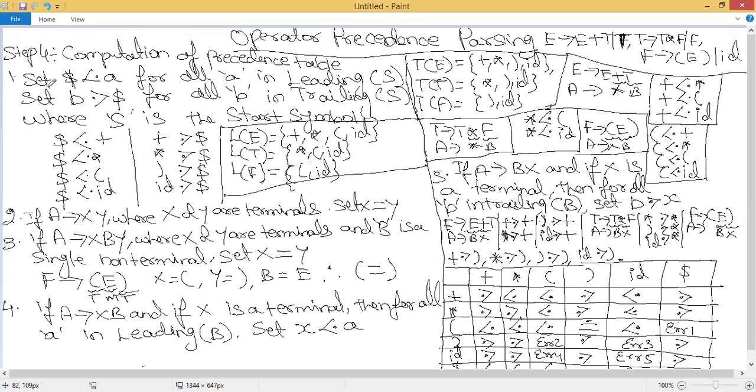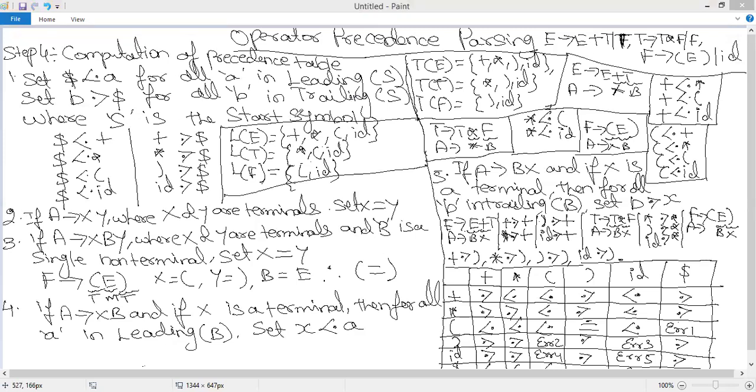The first rule is we have to set dollar less than A for all A in leading of S, and set B greater than dollar for all B in trailing of S. We already know how to compute the leading and trailing of S, where S is the start symbol.